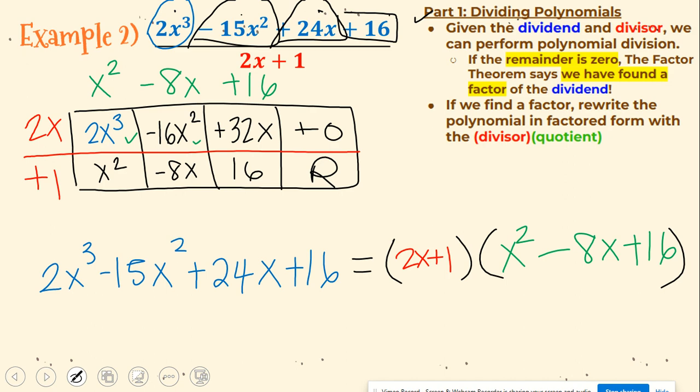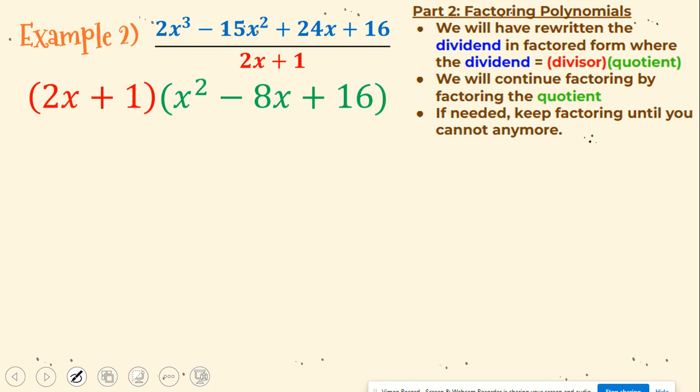Again, I rewrote my original polynomial p of x, my dividend, as I broke it up into multiplication in factored form. Nice. Now that I have it factored, I need to keep factoring.